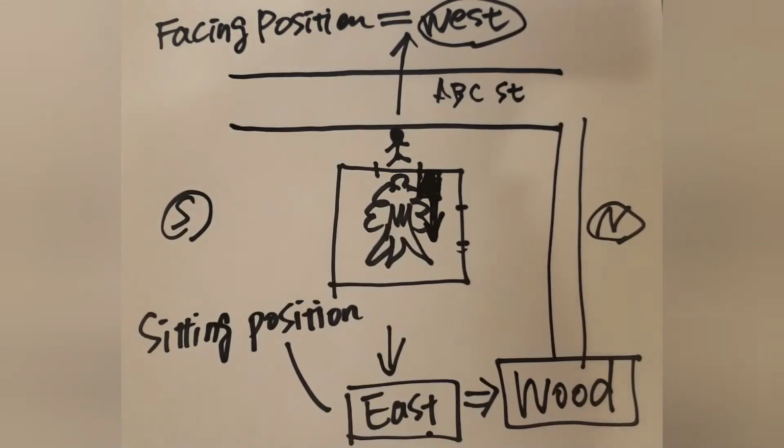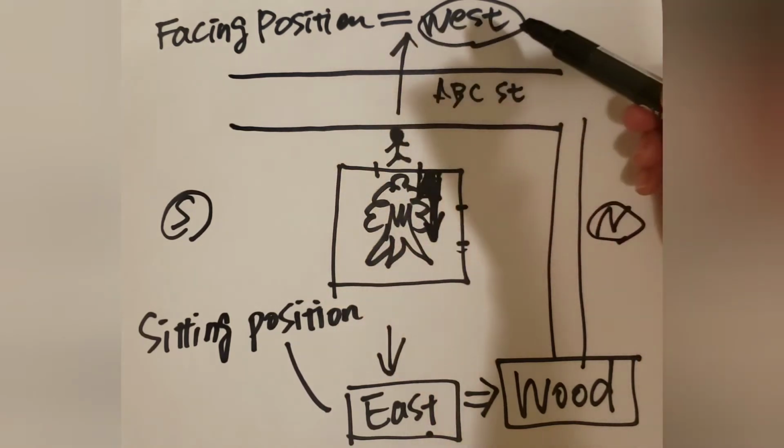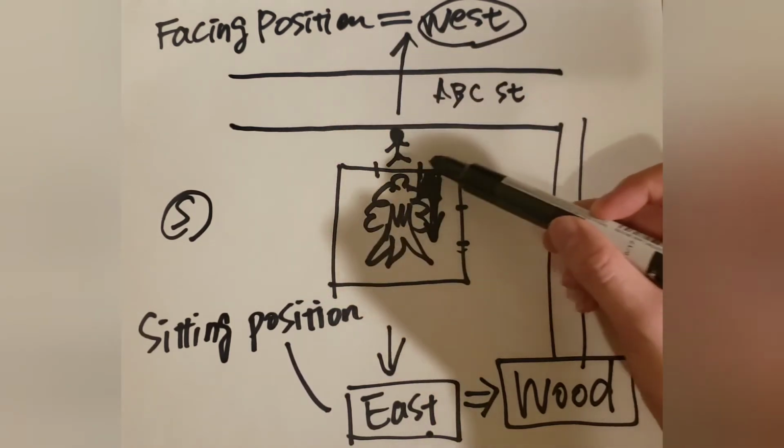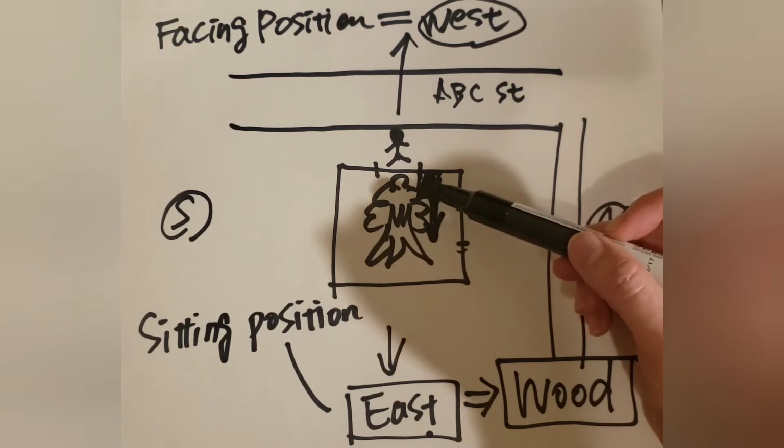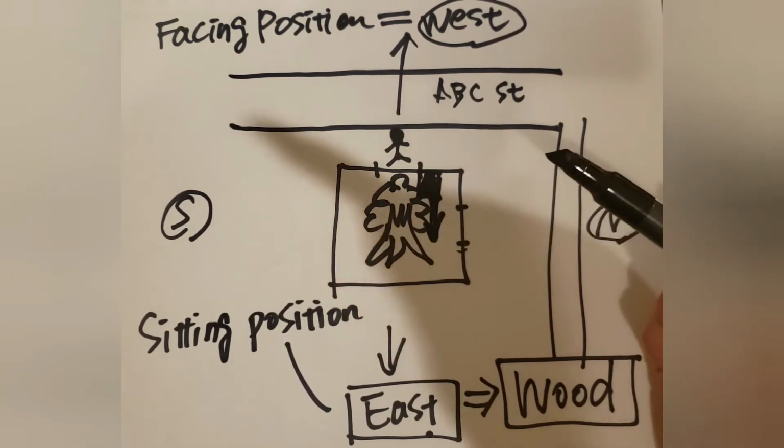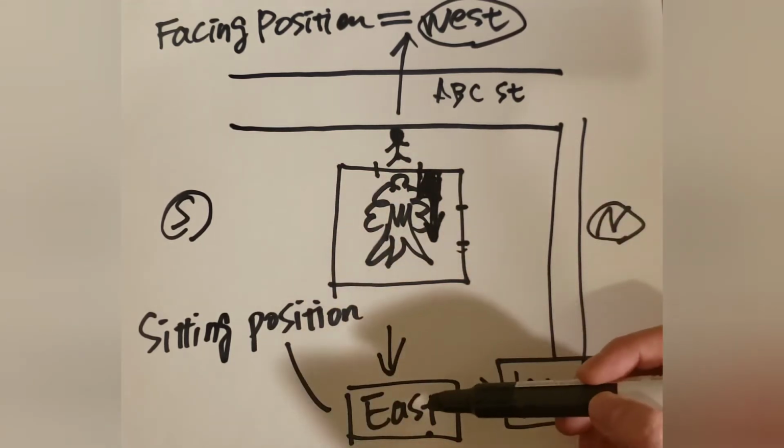Do you understand? The main building's entry door is facing west, but my apartment unit's entry door is facing the opposite direction, which is east.